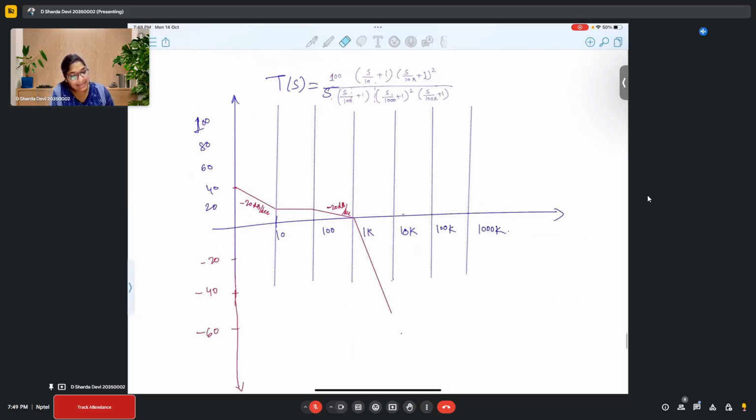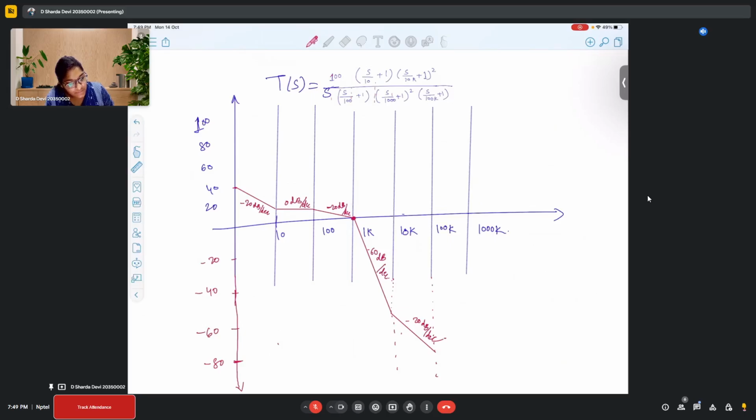Now when it comes to 10K, you encounter two zeros, so your slope now changes to minus 20 dB per decade. Here it was minus 60 dB per decade.